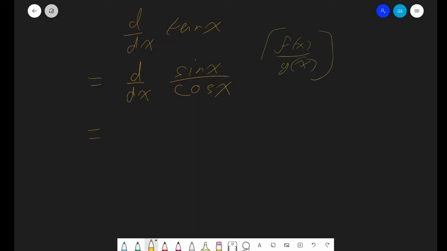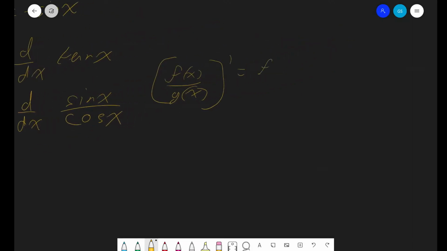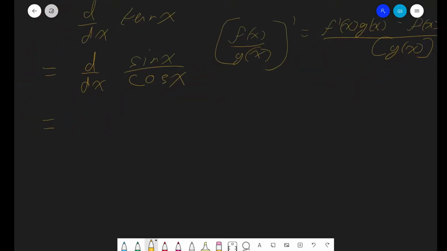If we're taking the derivative of this, that would just be f prime x g of x, subtract f of x g prime x, all over g of x squared, right?